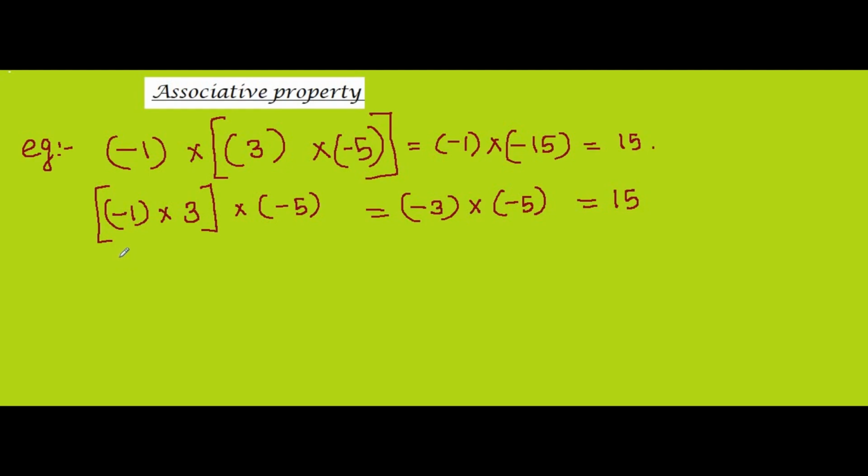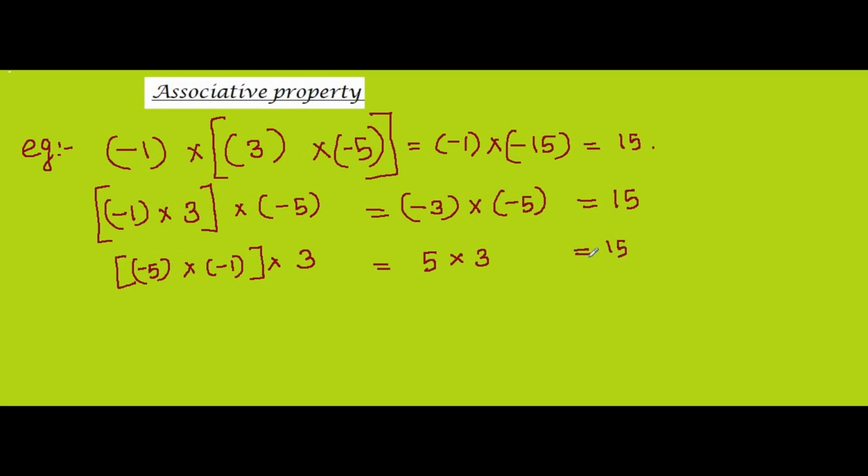Then can you order again or can you group it again? Yes, we can group like negative 5 and negative 1 together. Then 3 is outside. So inside the bracket it is negative 5 times negative 1. Negative into negative is positive. 5 times 1 is 5. 5 times 3 is 15.